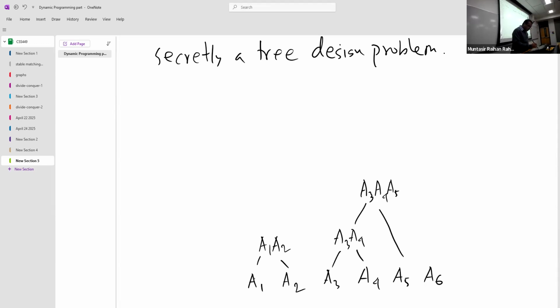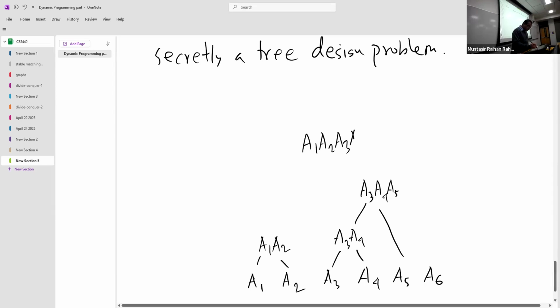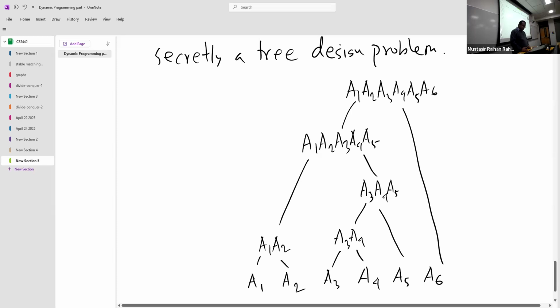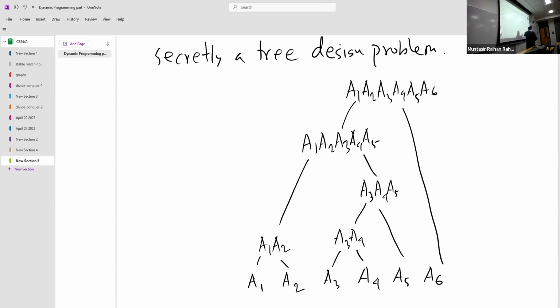So then it's going to be A1, A2, A3, A4, A5, and then finally my full product is going to be this one. If you think about it, this tree corresponds to a way of putting parentheses around these matrices.